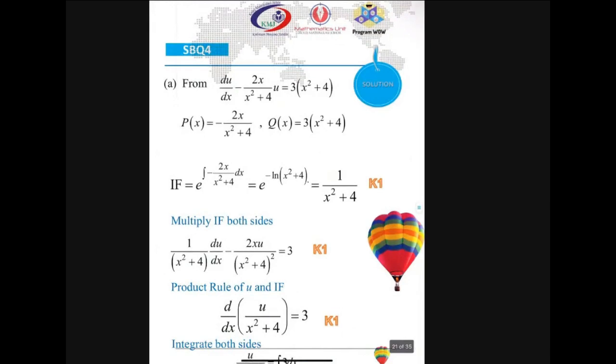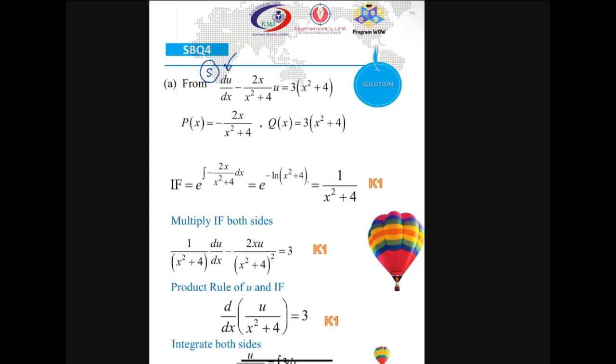Okay, so if we want to use the integrating factor method, remember 5 main steps. I use an acronym of SIMP. First step, S stands for standard form. So how do we determine whether we already have a standard form? Make sure our first term is a single derivative. If we have any extra function or any extra constant in front of the derivative, you have to divide it up.